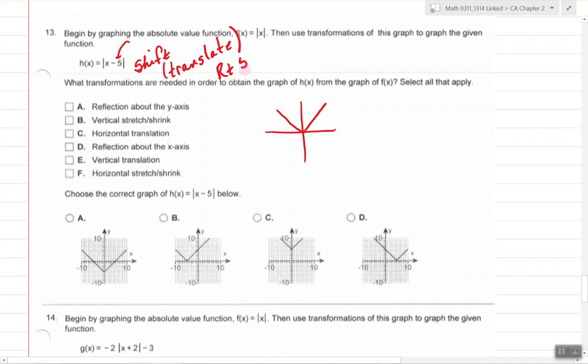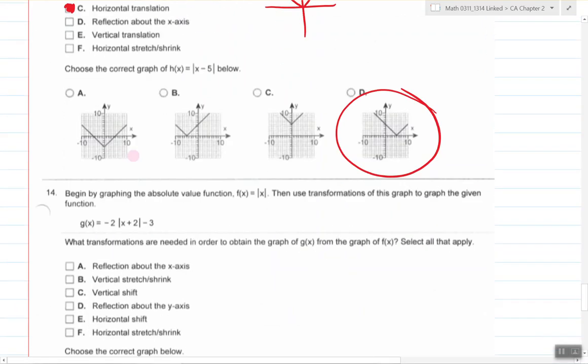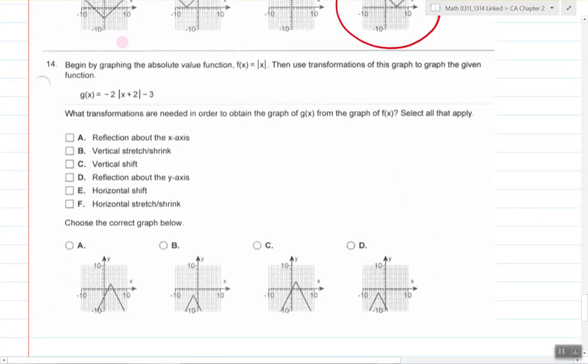So that is a horizontal translation, and I'm looking for the graph that shows the absolute value V shifting to the right 5, and I believe it is choice D.